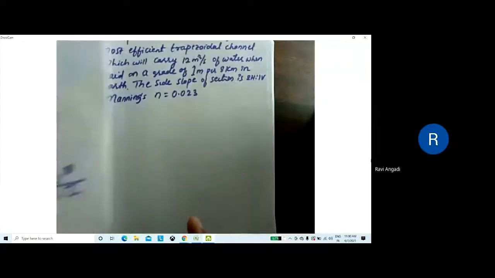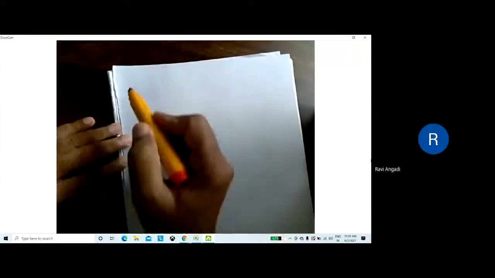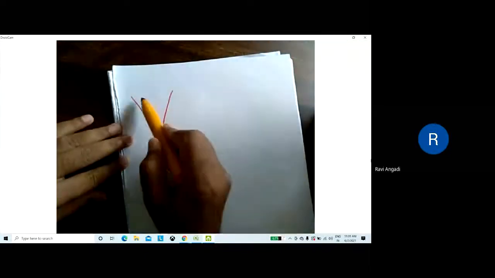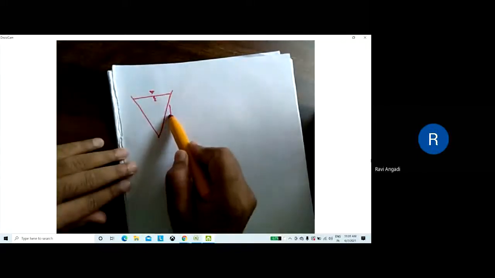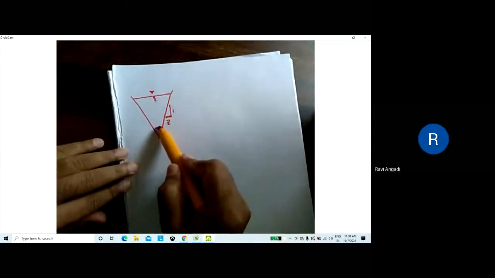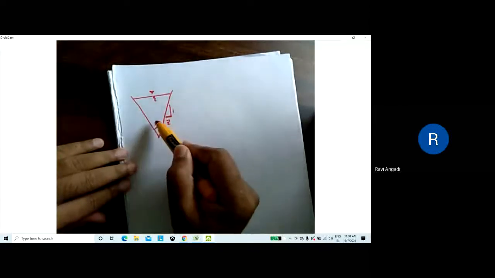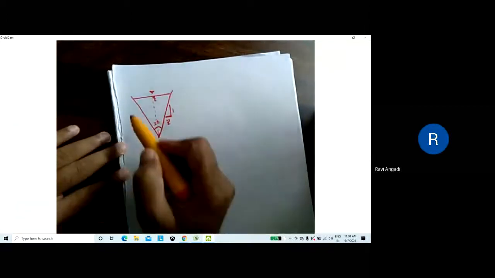So today we are going to derive the same equation, but by considering the depth of flow and the side slope. Take the triangular channel section again, with side slope Z is to 1. This angle is 2 theta and one angle is theta.